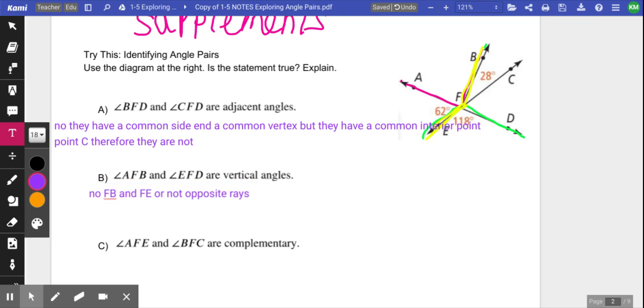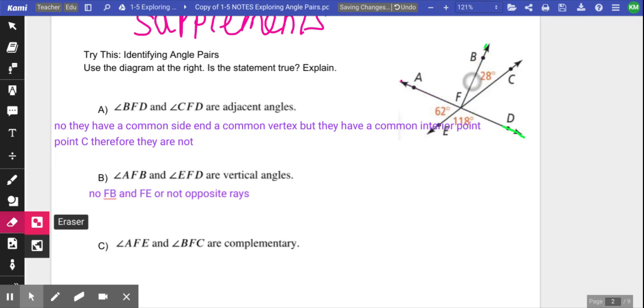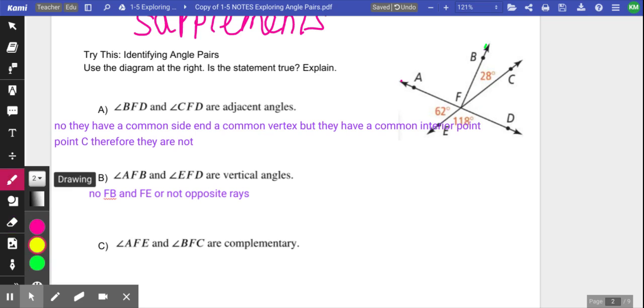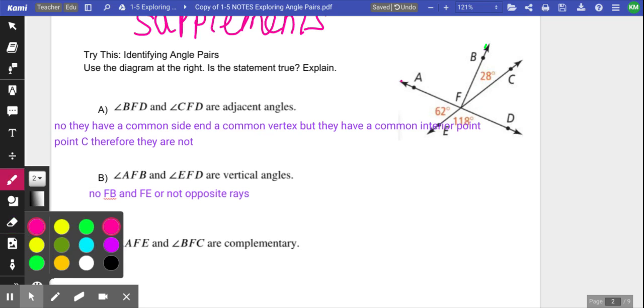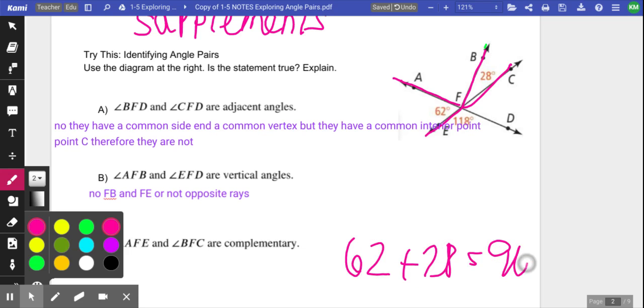Okay, then finally, letter C. They want to know angle AFE and angle BFC are complementary. So we have AFE and then BFC. So we have 62 and 28 is 90.